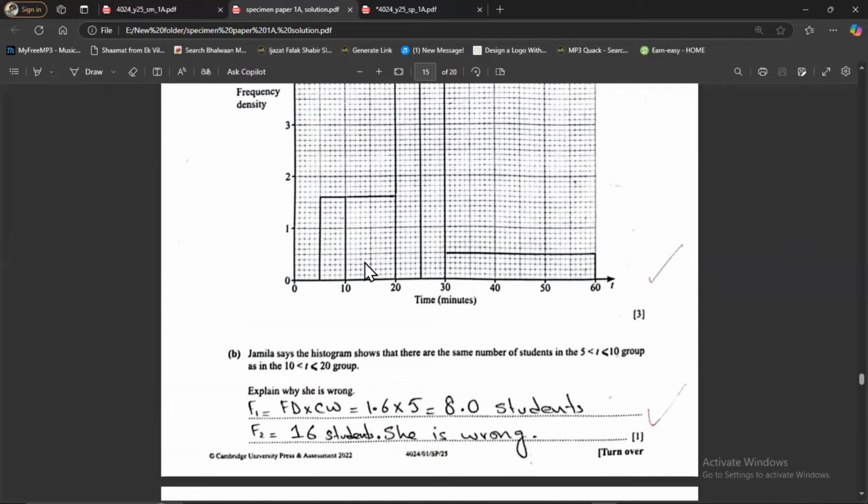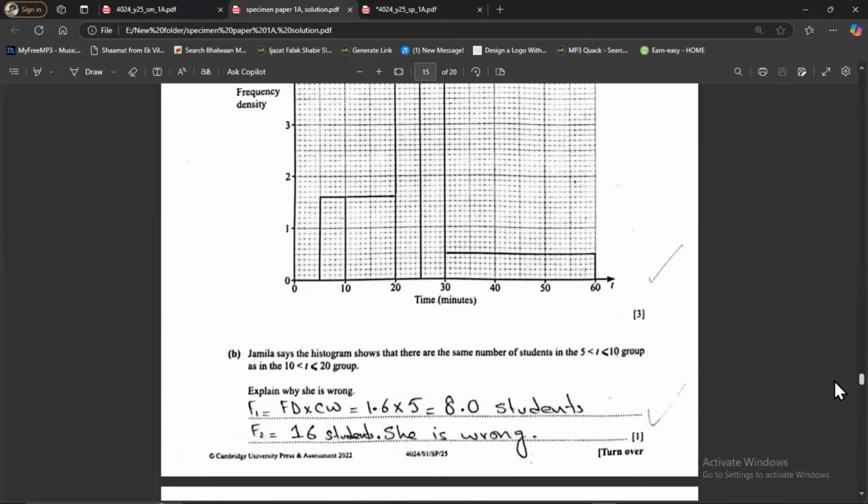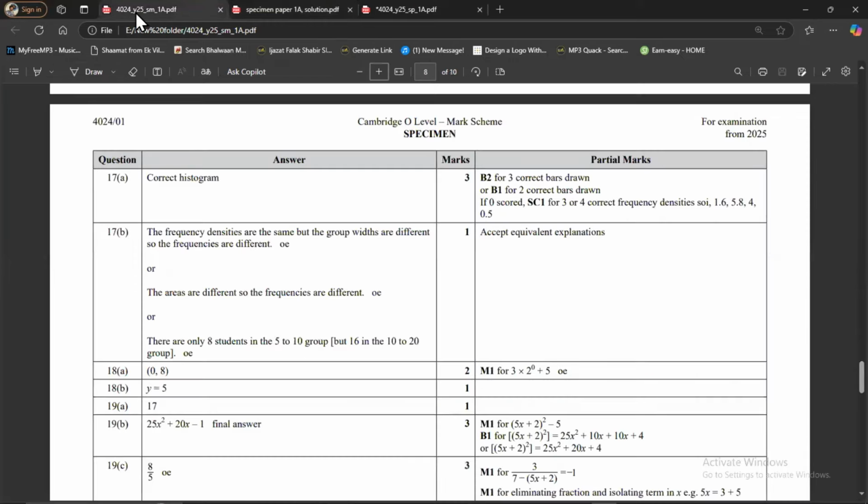We already have found that. That was given here. So the number of students in the 5 to 10 class is 8, and in the 10 to 20 class there are 16 students. So she's wrong. She said the number of students in these classes is the same. Actually, their frequency density is the same, not the number of students. So hopefully you understand.